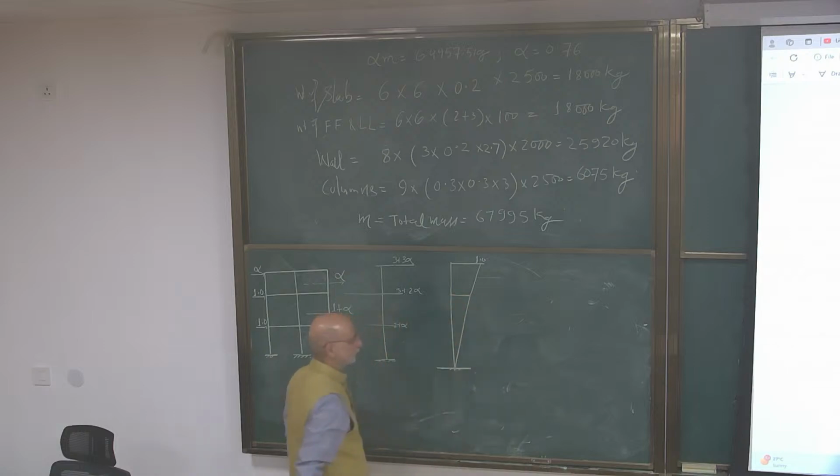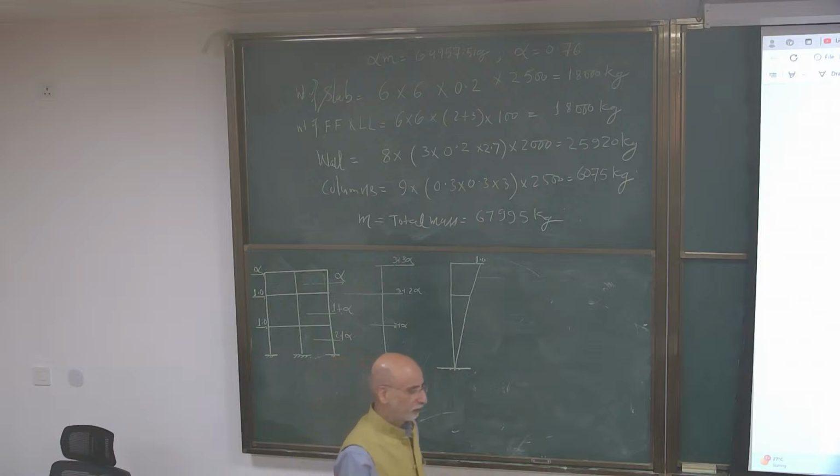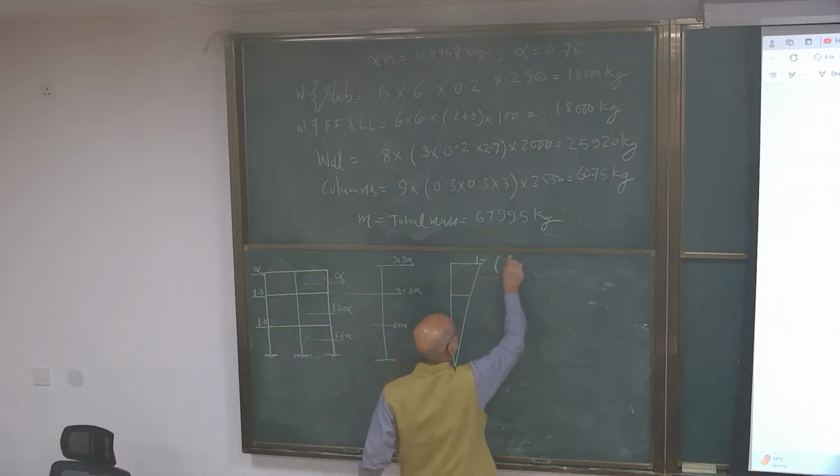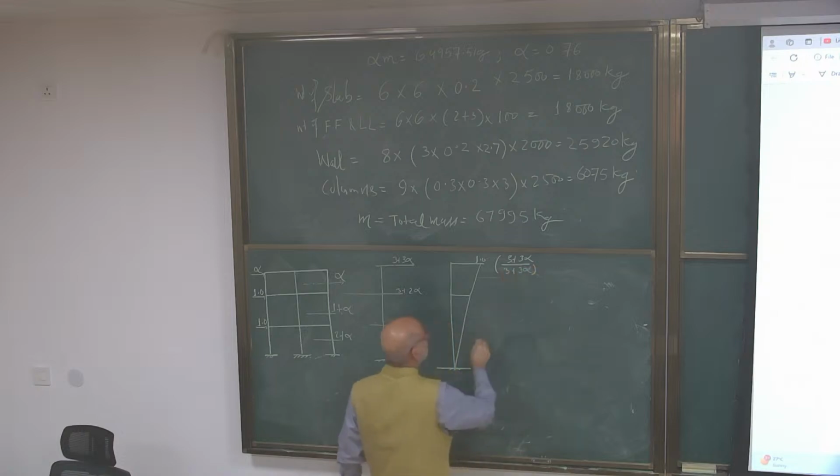This is how much? Alpha is known to us, so this I divide. Now this is 3 plus 2 alpha. I divide by 3 plus 3 alpha, so our result is not altered.